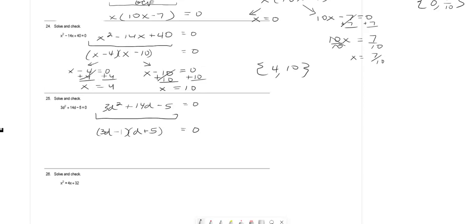3d minus 1 times d plus 5 equals 0. So we have 3d minus 1 and our d plus 5. Both will be equations that are set equal to 0, and then we solve. Here I will add 1 to both sides first, and that's 3d equals 1.